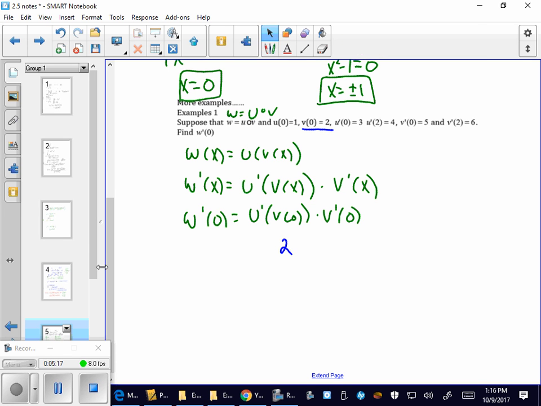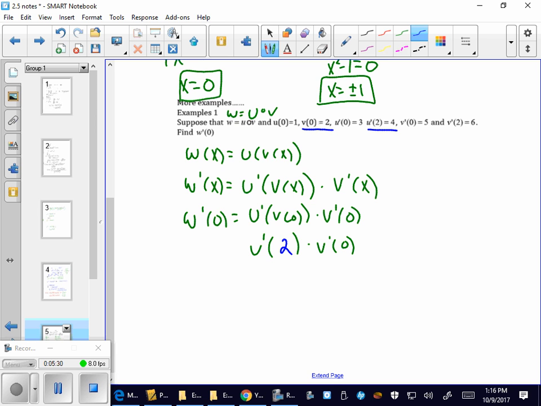So that goes there. I take u prime of that, and v prime of 0. So u prime of 2 is given to us up here. That's 4. V prime of 0 is 5. So according to this, w prime of 0 is 20.